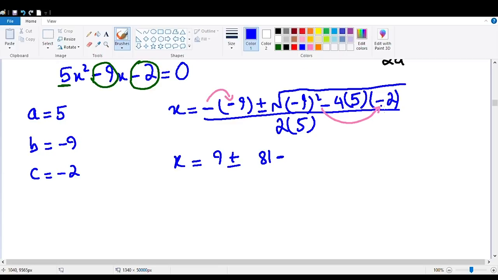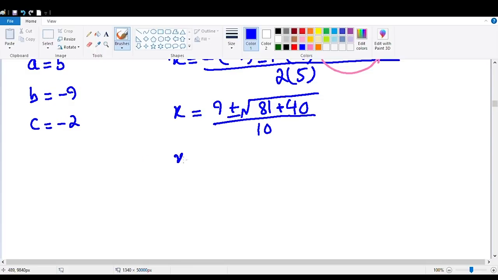So minus and minus will be plus, and this will be 40, like 10 multiplied by 4 is 40, or 20 multiplied by 2 is 40, so 40 under root over 10, because 2 into 5 is 10.